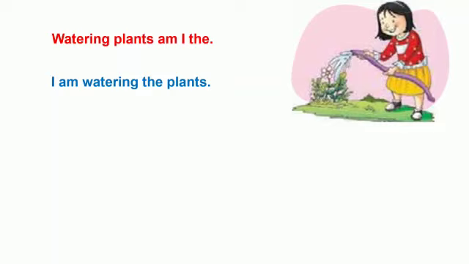Of course, it shows that this girl is watering the plants. So what is she supposed to say? She will say, I am watering the plants. So yes, the blue one is the correct way of saying this. And the red one is the wrong way.